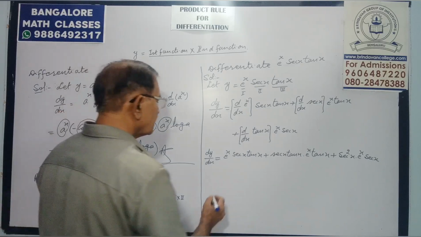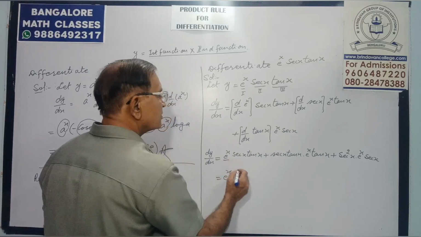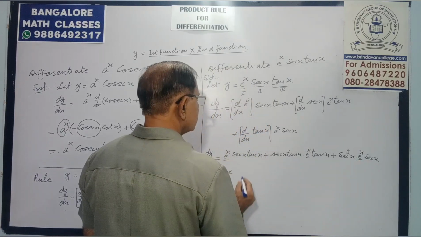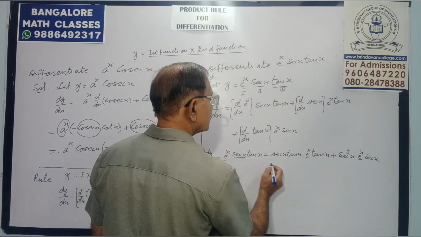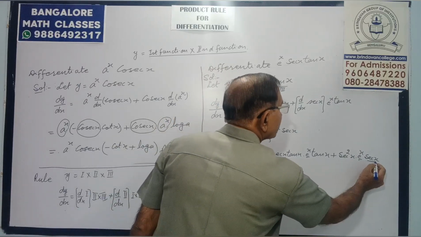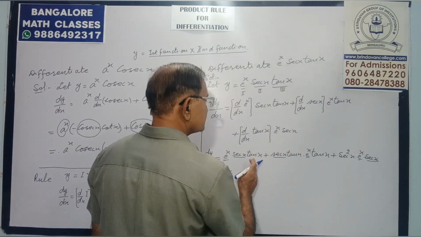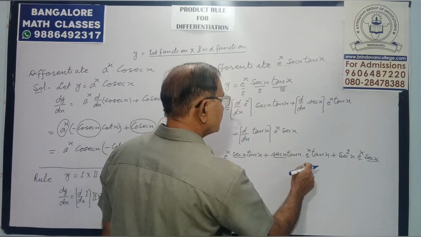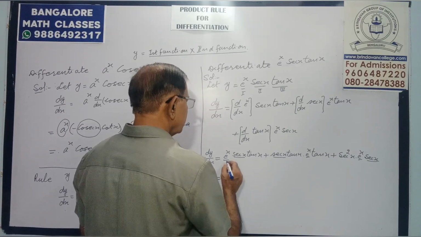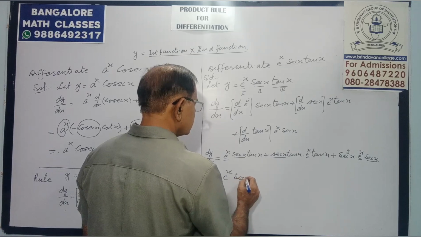Now see what we can take common. e power x is common. Tan is there in the first term and second term, but not in the third term, so we can't take it common. e power x is common, secant x is common.